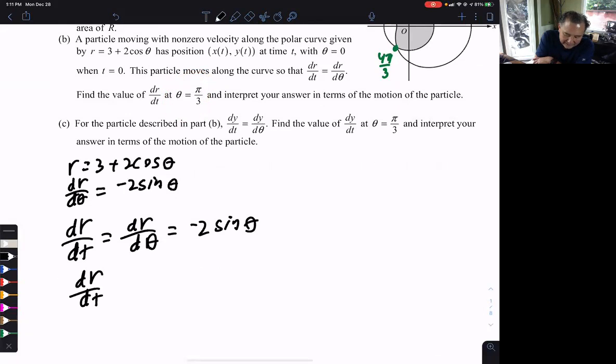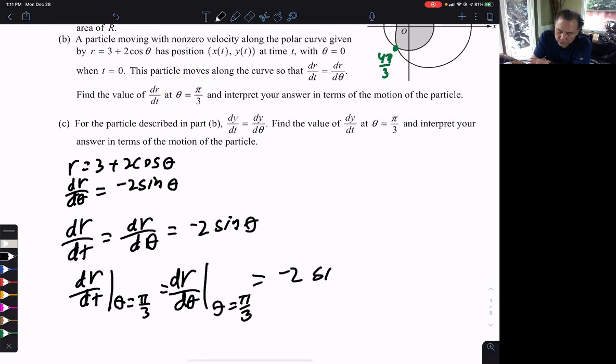dr dt at, okay, let me back up. I can do this. At theta equals pi/3, dr dt equals dr d theta at theta equals pi/3 equals -2 sine pi/3.